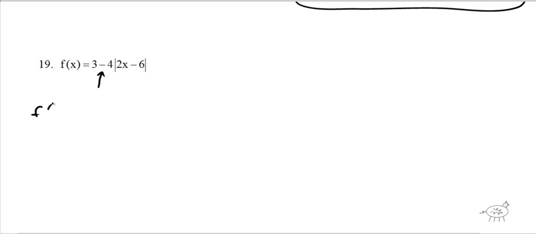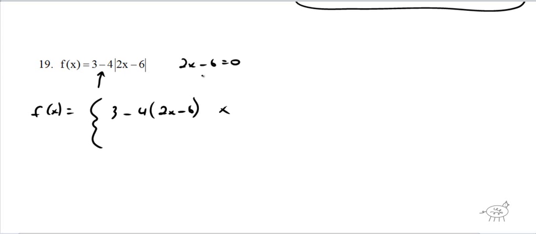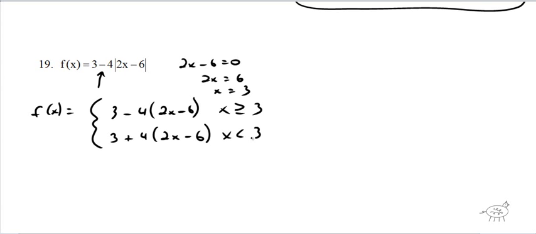So it's f of x equals 3 minus 4 times the absolute value part, 2x minus 6 when x, oh, by the way, what's my vertex? 2x minus 6 equals 0, so 2x equals 6, x is 3. So that's when it's greater than or equal to 3. And then 3, and then its opposite sign, plus 4 times 2x minus 6, when x is less than 3.